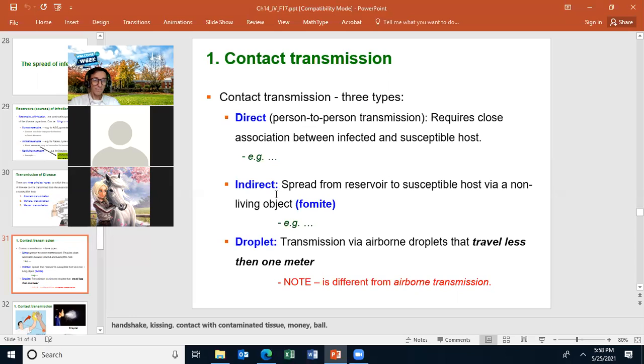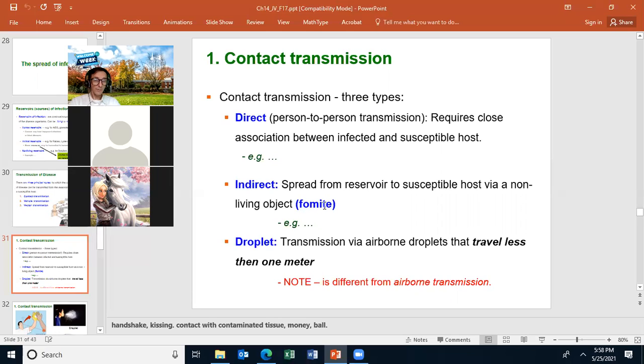contact transmission, like when somebody coughs on a pencil or touches this pencil, and then somebody else touches this pencil, and that's indirect contact transmission, where the disease is spread from the reservoir to an object, and we call that object a fomite.